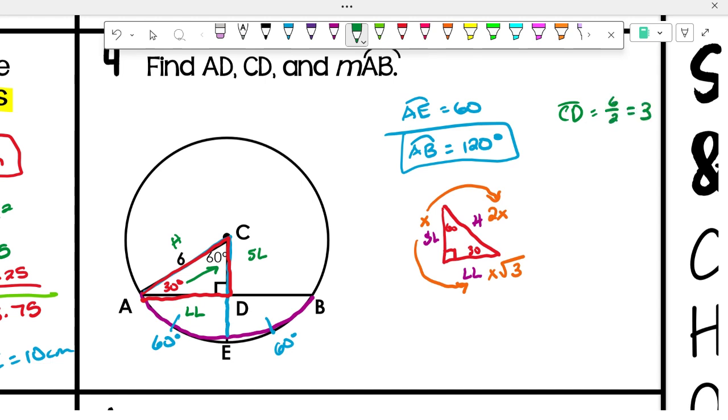So that's 3. So CD is 3. Then how do I get AD? Multiply that by the square root of 3. So it's just 3 square root 3. So these are our answers.